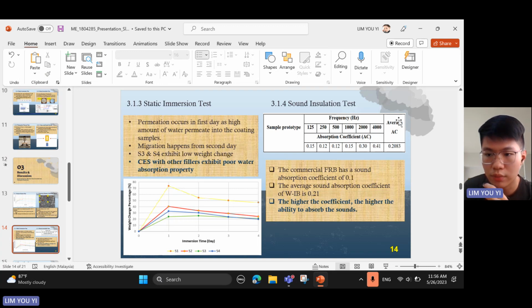As you can see from this table, the average sound absorption coefficient achieved by the WIB is 0.21. So it has been proved that the WIB has a higher ability to absorb more sound and provide a lesser amount of noise to the environment.